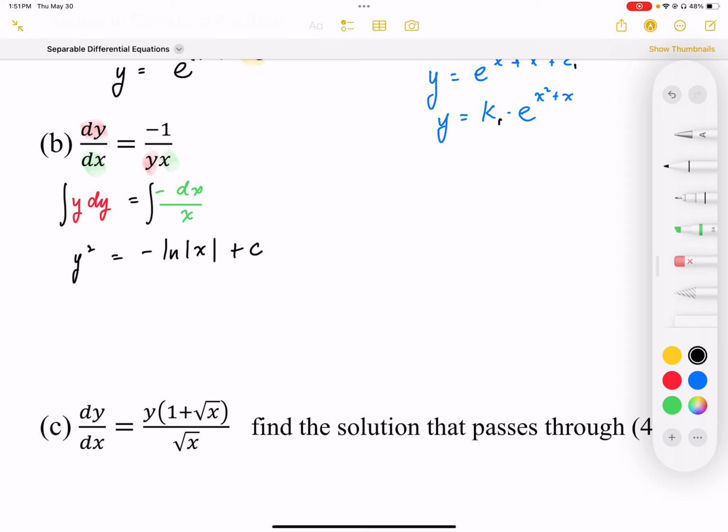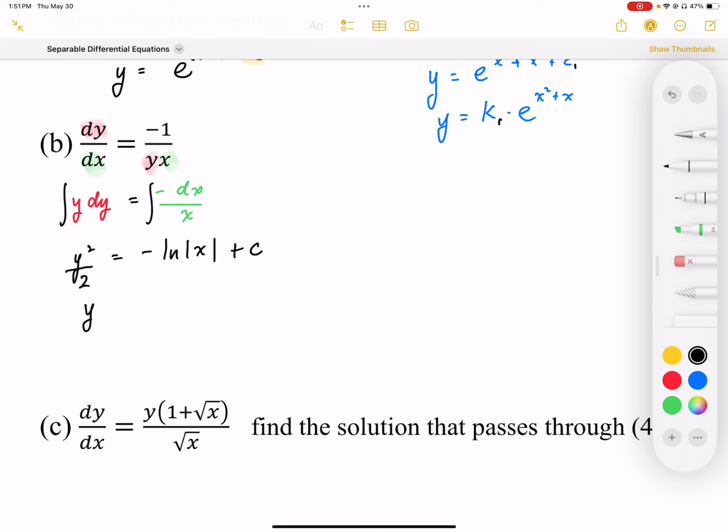That plus c, again, we could solve for if we're given some condition. In this case, we're not, so we're going to solve for y. We get y is equal to, I'm going to rewrite this as c. So we forgot to divide by 2 here, so y squared over 2.